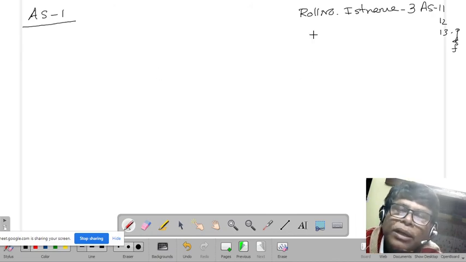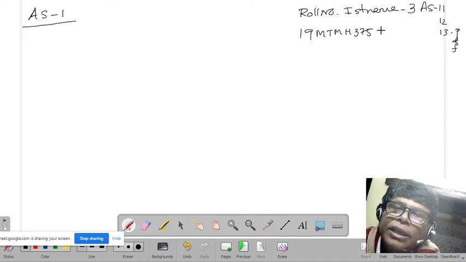So this is the roll number. As an example, say you are students from 19, so roll number is 19, then Mtmh, then your roll number is 375, then your first name, say Shubimal, then 3, dash 3, assignment 1, page number 1, dot PDF.